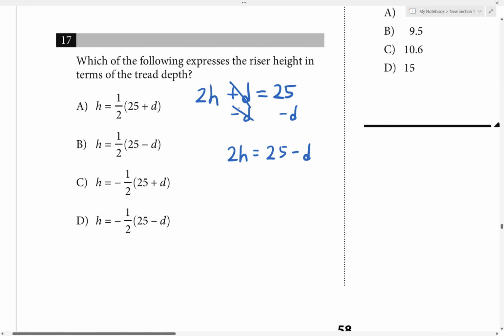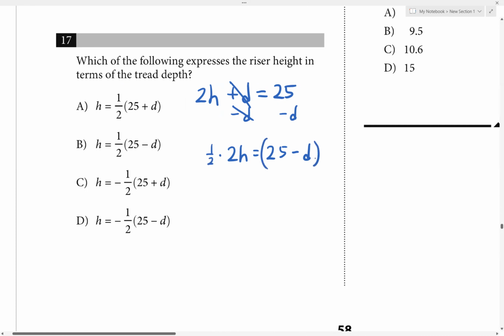All right, and now if you want to solve for h, try to get rid of the 2. We want to cancel out the 2, so we have to divide by 2. Also recognize that dividing by 2 is the same as times 1/2, right? If you look at the answer choices, it has a 1/2 in front. So instead of dividing by 2, we're just going to do times 1/2.